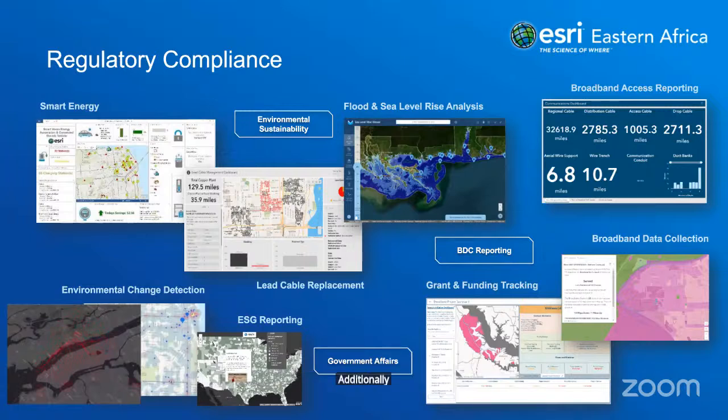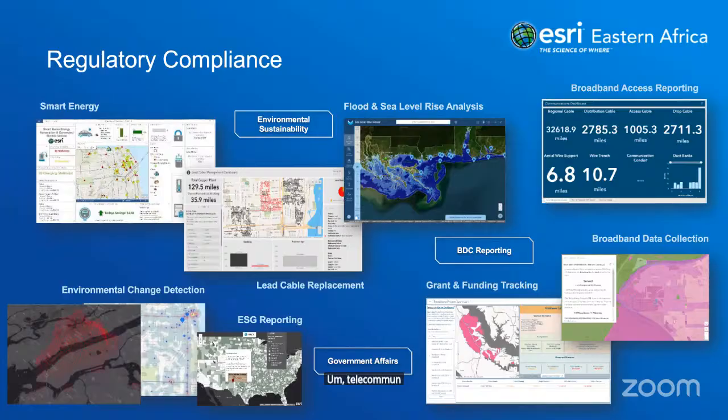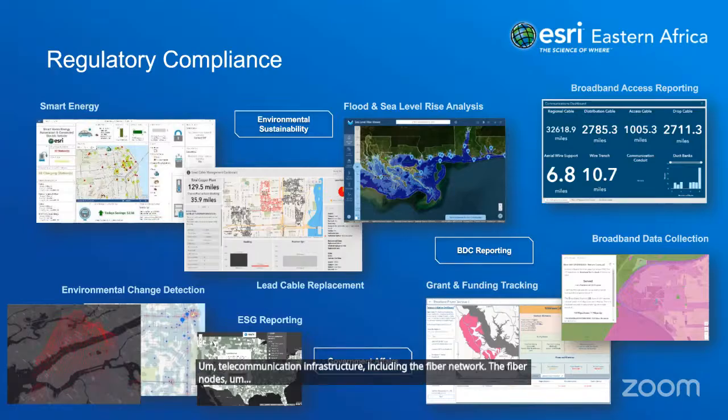Additionally, from a policy and planning perspective, the coverage analysis enables broadband gap analysis. This is essential, especially when you're dealing with broadband mapping, where you map out all your telecommunication infrastructure, including the fiber network, the fiber nodes, the different telecommunication masts, the data centers.